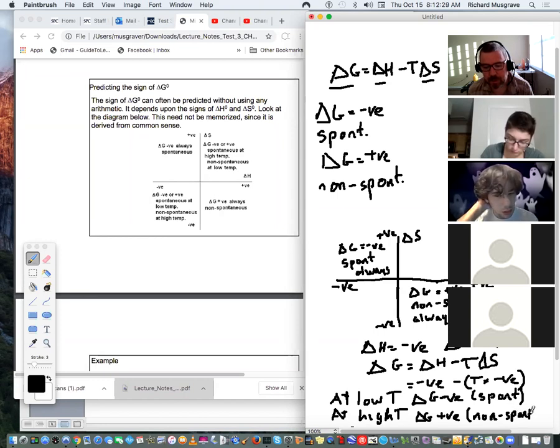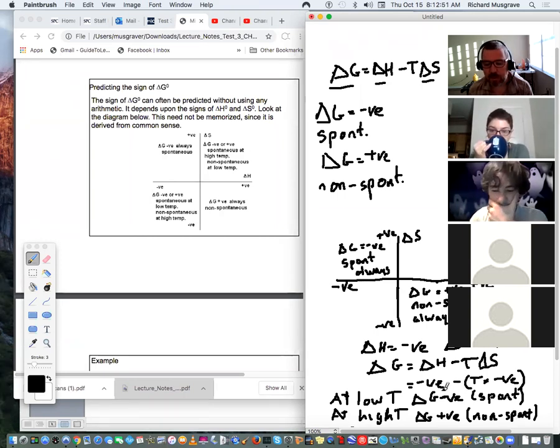So again, talking about low temperature, just choose a low temperature like 0, and you can see that delta G would definitely be negative, which would make it spontaneous. But then you can also imagine a case where temperature was large enough so that negative minus a negative value, which is really adding, would overtake the negative value. We'd end up with a positive value for delta G, which would lead to a non-spontaneous process.